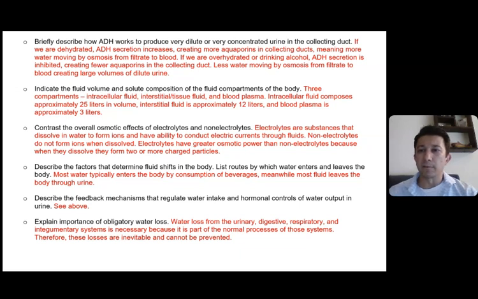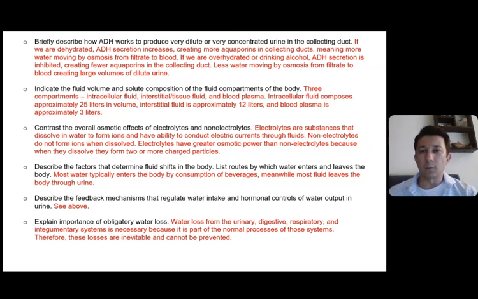Intracellular fluid, that is the fluid inside of our cells, composes approximately 25 liters in total volume. Interstitial fluid is approximately 12 liters, and blood plasma is approximately 3 liters. So in total, we have about 40 liters of body fluids. 25 of those 40 liters is inside the cells, and 15 of those 40 liters is in the extracellular fluid space.